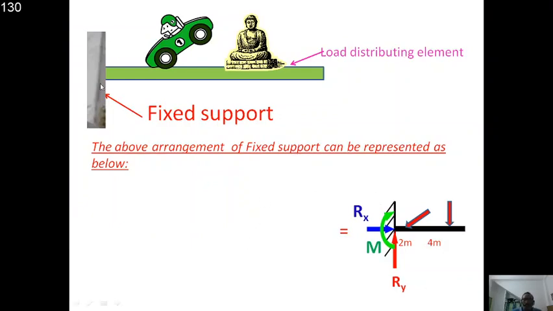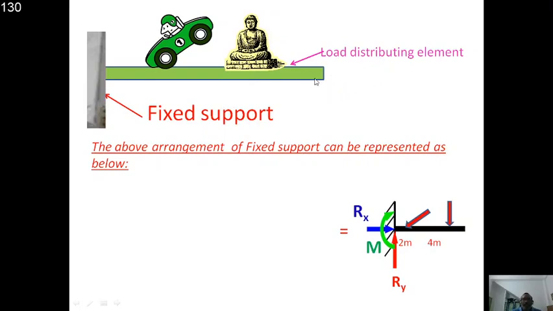So how does the fixed support look for the problems of engineering mechanics? The fixed support is an inbuilt structure during the monolithic construction, or after that some fastenings might be required.